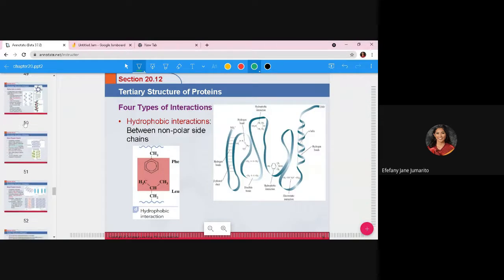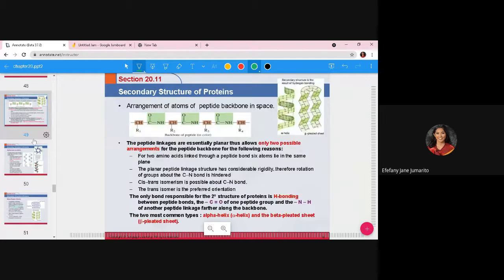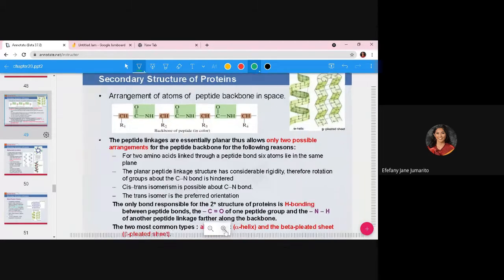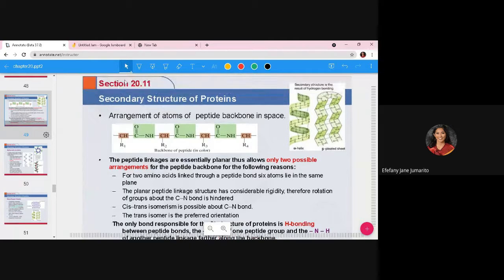Okay, just like this one. Okay, so if you have the structure of your protein, an alpha helix, so it's like a DNA, wherein the arrangements of your H bonding are in between, nasa sulod. And also we have your beta pleated sheet. Beta pleated sheet.